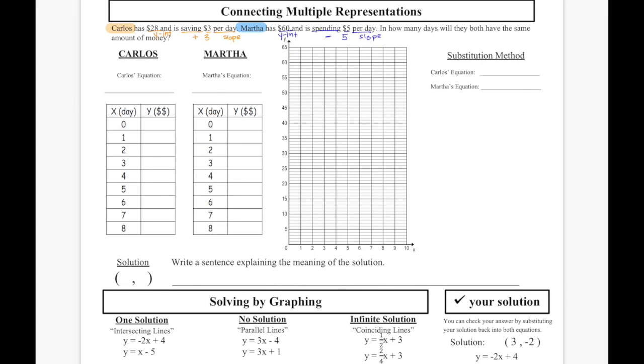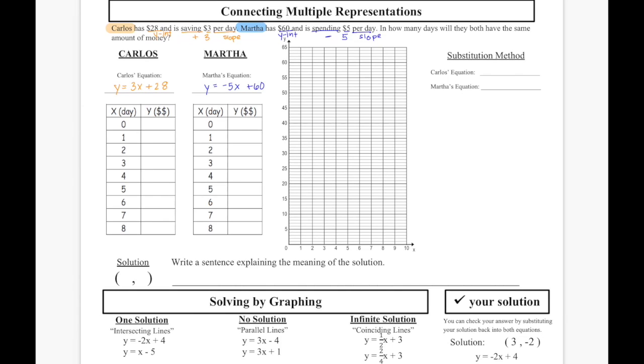Now we'll use those slopes and y-intercepts to write our equations in y equals mx plus b form. So for Carlos, I have y equals 3x plus 28, where x is the number of days. And Martha's equation would be y equals -5x plus 60, because she's spending money. Down below, I'll fill in my xy table based on the equation.